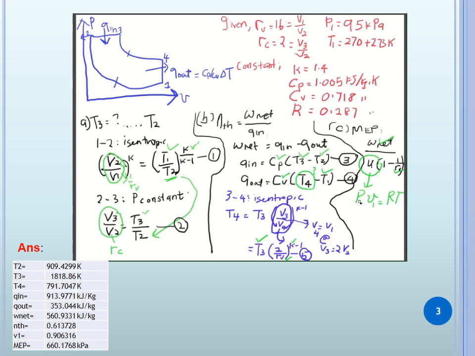We take it at state number 1 here, and what we have is P1, V1 which is what we want to find out, R is the gas constant, and the temperature at 1 has also been given. Okay, that is how we solve example 2.4.